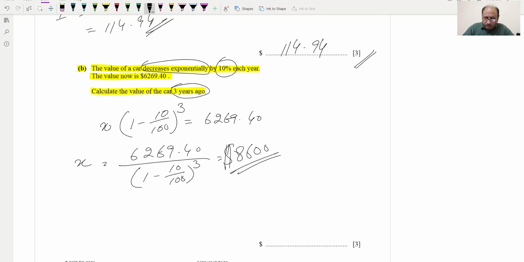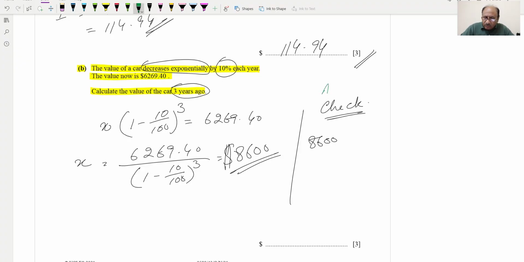Now we can also check this question. So how can we check? If we take this as the principal amount and decrease it with the 10% rate, we should get 6269.40. So for the check we can write like this: 8600, the same compound interest formula which I am applying.